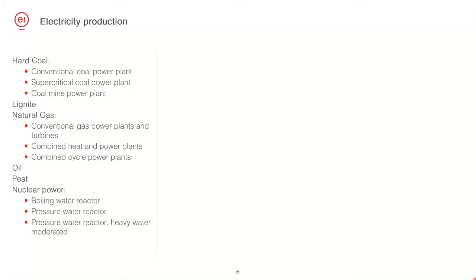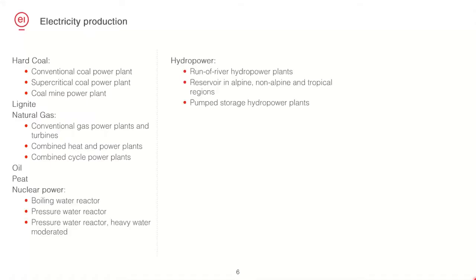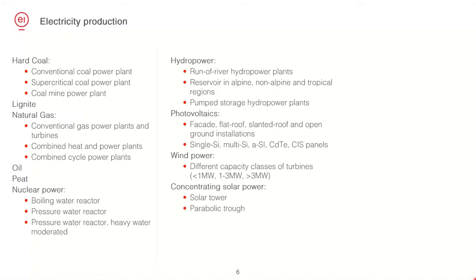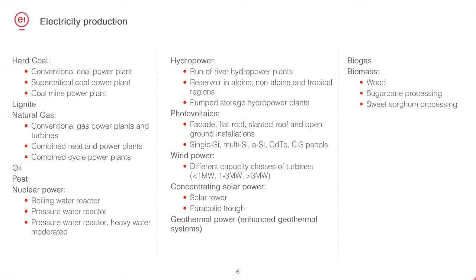So we have electricity produced from hard coal, from lignite, through natural gas, from oil, from peat, by nuclear power plants. There is hydropower production, there are photovoltaic data sets, there's wind power, there's concentrated solar power, but also geothermal and electricity from biogas and biomass.